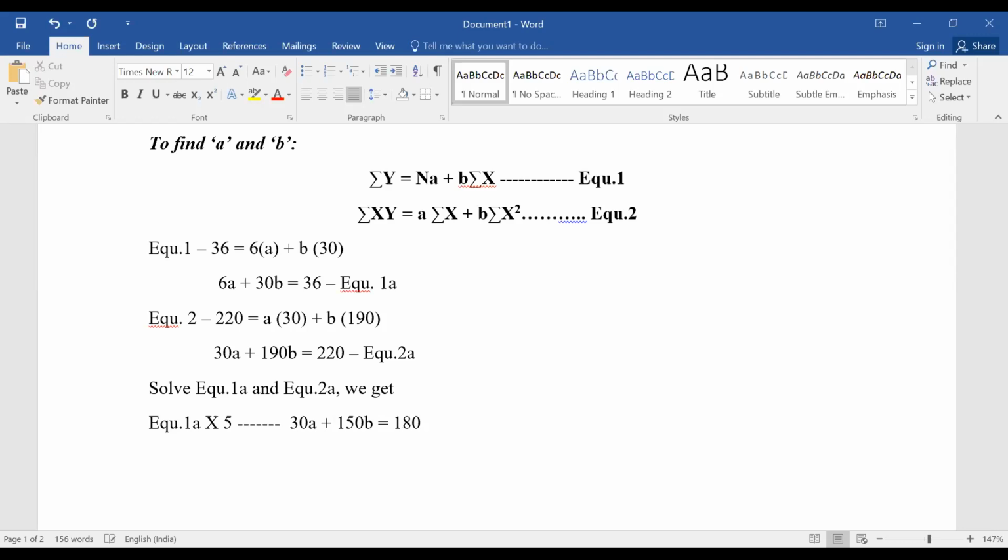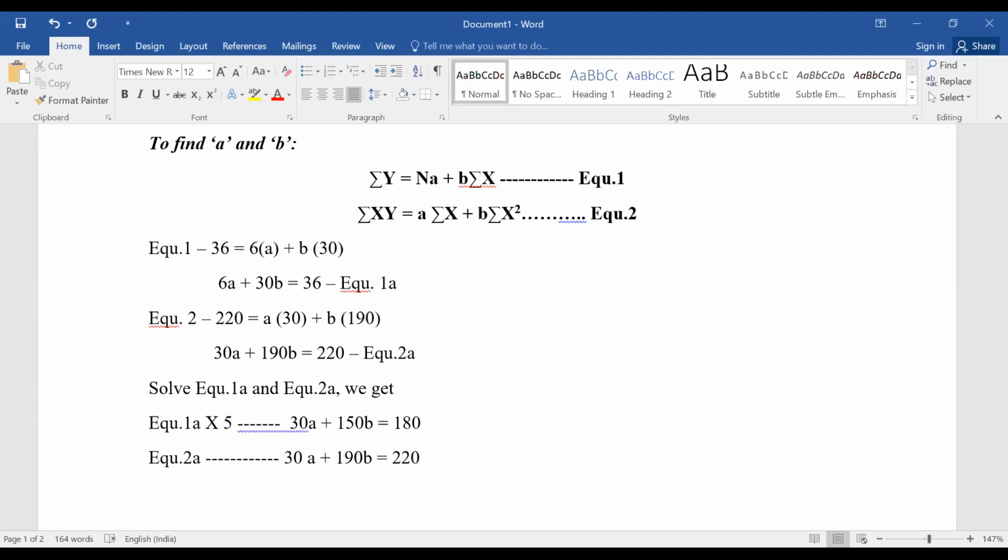Is it right? Okay, fine. Now for equation 2a, we need not multiply with anything because we already have 30a. So we write the same thing, 30a plus 190b equal to 220.